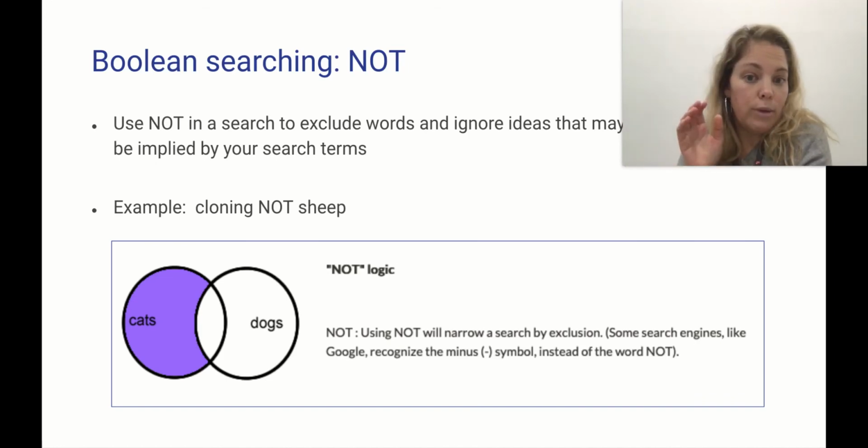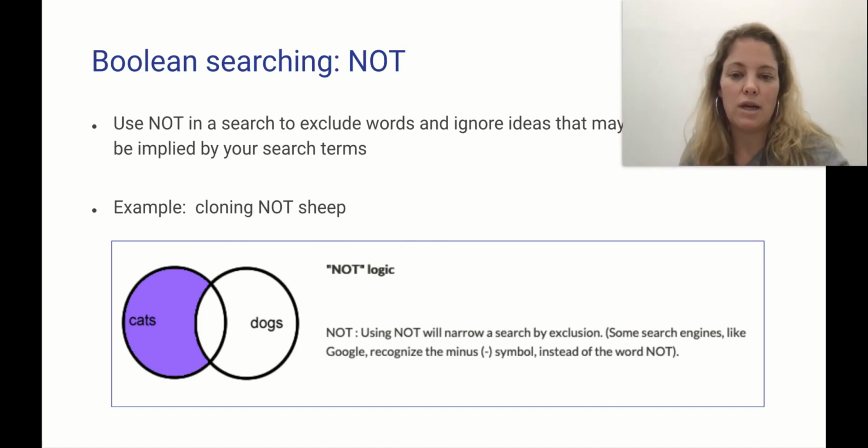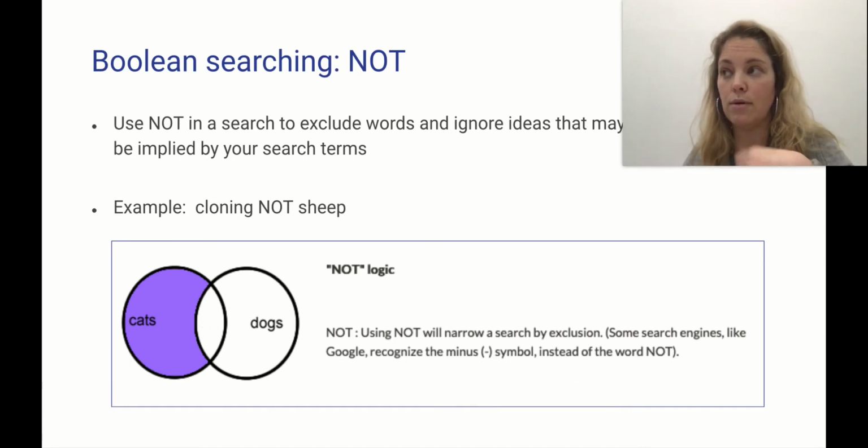Maybe that include humans, maybe that just includes the science behind cloning, but it will not give you anything about sheep. So here, right here, you can see cats, but not dogs. It won't include the middle, and it won't include the dogs part, only cats. You could also say, for example, cats, not tigers, okay? Something like that.